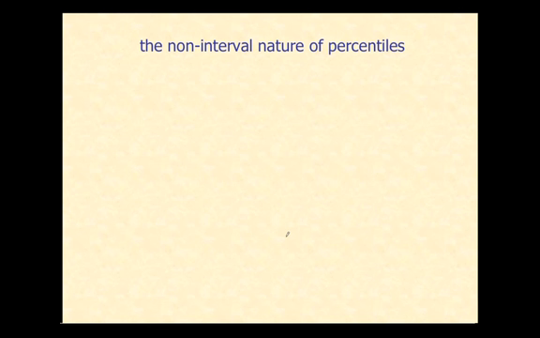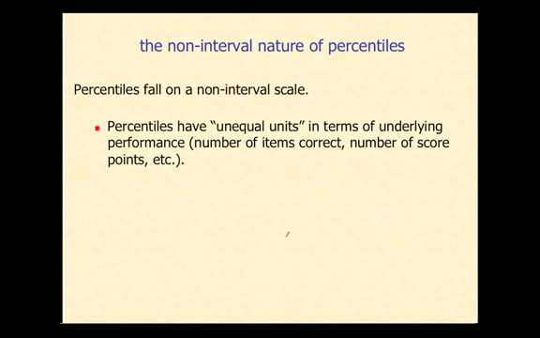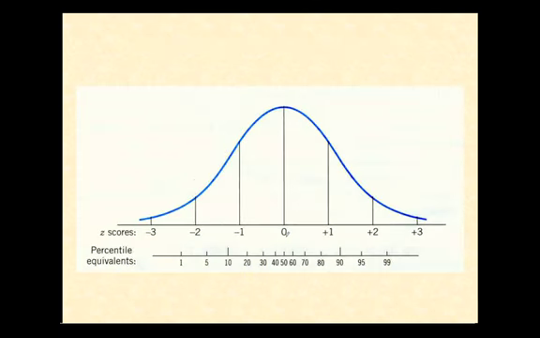Percentiles, as you may have already read, are non-equal intervals. Percentiles have, in fact, unequal intervals or units in terms of the underlying performance: the number of items correct, the number of score points. This is inherently true because of the normal distribution. What I want you to see is that our standard deviations are evenly spaced in terms of raw performance.